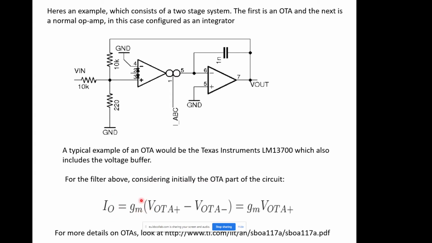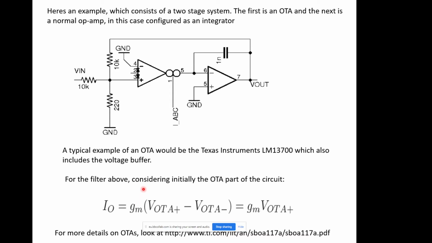It's some gain term, in this case GM, multiplied by the difference in the voltage of the two inputs. So here's the two inputs. We want the difference in the voltage of these two inputs, and that's multiplied by some factor in the op-amp to give us an output feature. And in this case, because the output is a current, it's a transconductance, and we define that as GM.